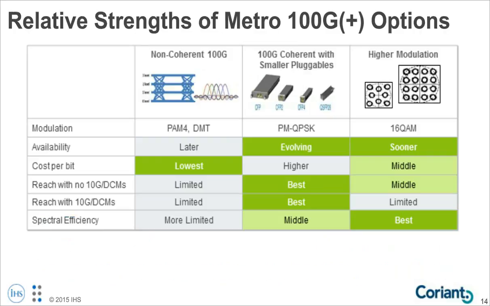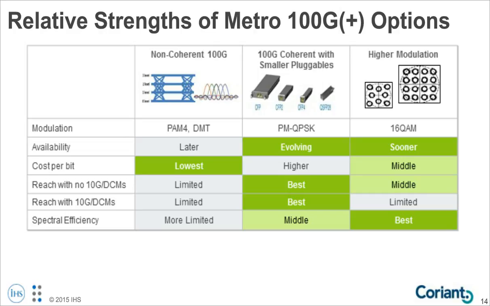Next, let's take a look at what the relative strengths and weaknesses of each of these options are. So if we look at the non-coherent 100 gig, this is available a little bit later, and the reach is going to be limited, maybe in the 40 to 80 kilometer range. But it offers the potential for the lowest possible cost per bit.